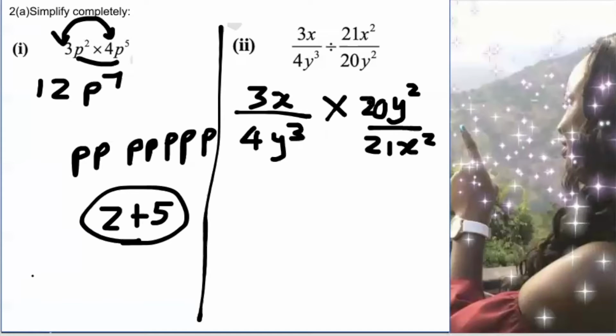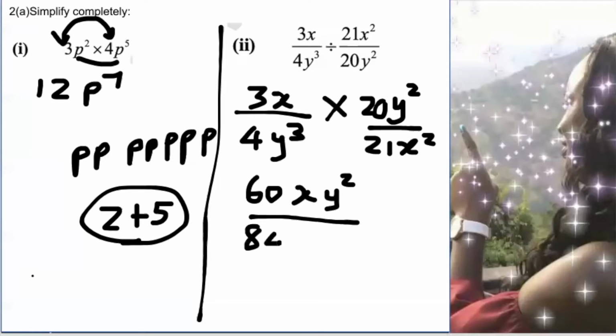So I multiply 3 times 20. That will give me 60. And the variables, I'll just multiply to give me xy squared. In the denominator, I will multiply 4 times 21. That gives me 84. And y cubed times x squared, that is y cubed x squared.